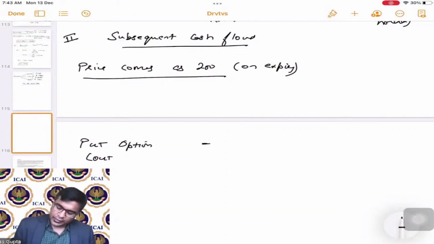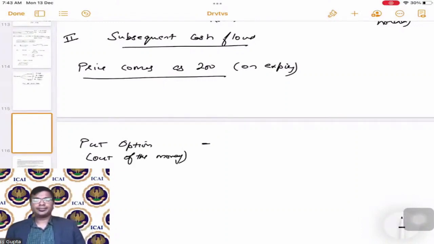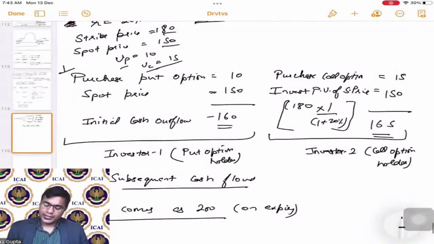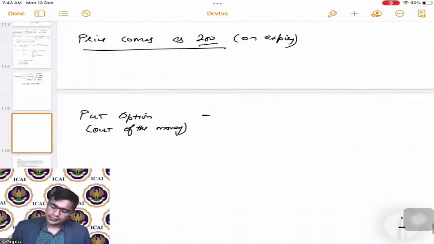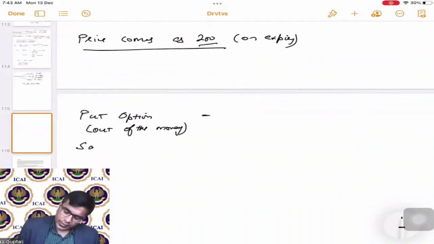Out of the money. Correct? This is what the put option will mean. On the other hand, for the spot holding, he is holding one share. That one share he can easily sell now at 200 rupees. Correct? Sale proceeds is equal to 200 rupees.